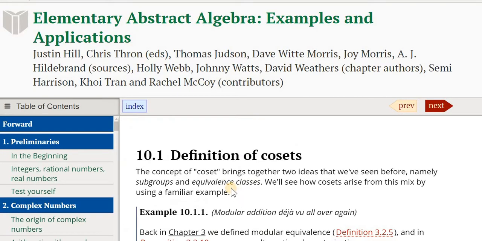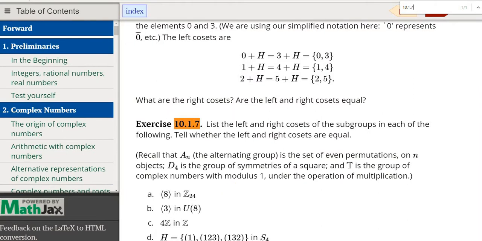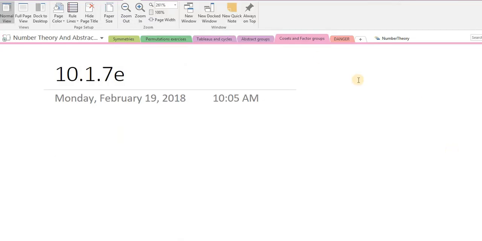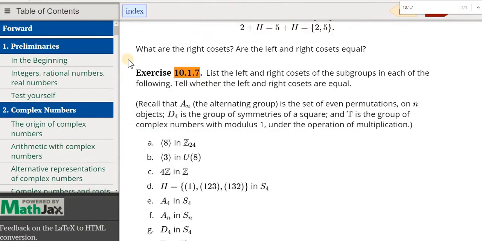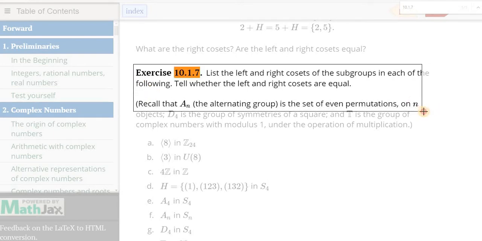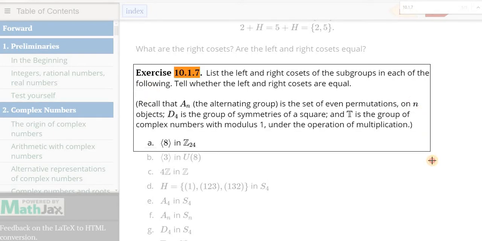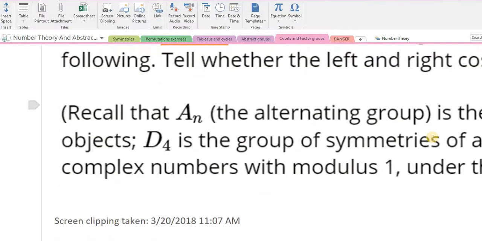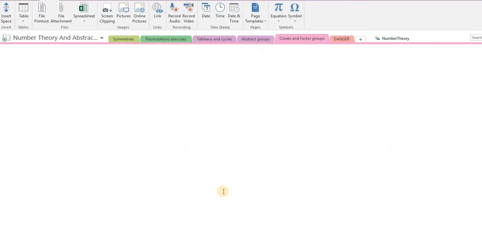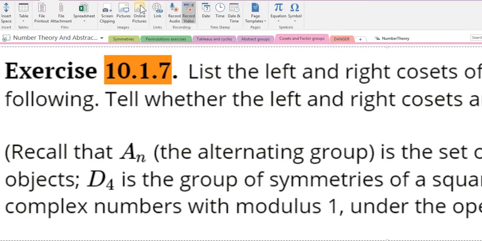So 10.17E. Okay. All right. Here we go. So let me clip it. All right, so let's copy this. Whoa, that's huge. Whoops, too much. Okay, and then let's make it small.